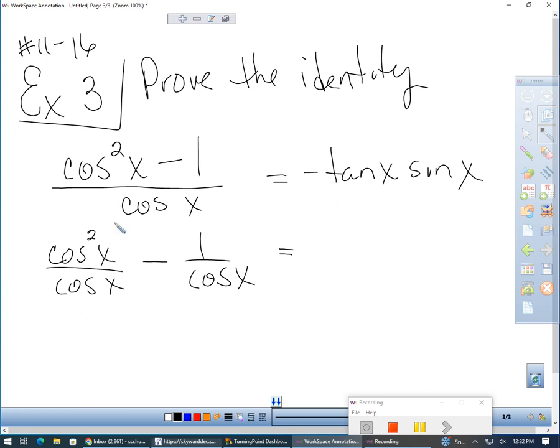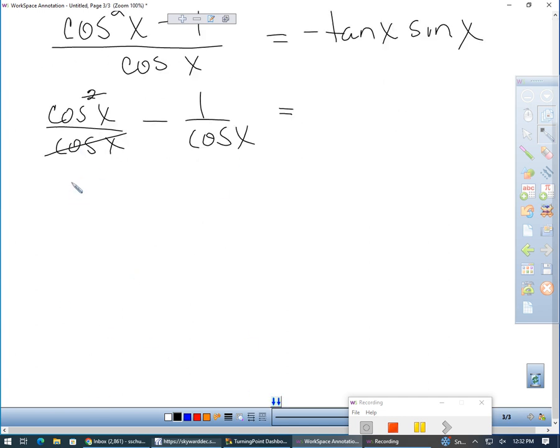What do you notice about the first term? What can I do? Now we can cancel the cosine that's on the bottom with the one on the top, right? Okay, so here I have cosine x minus 1 over cosine x. Okay, what else can we do?